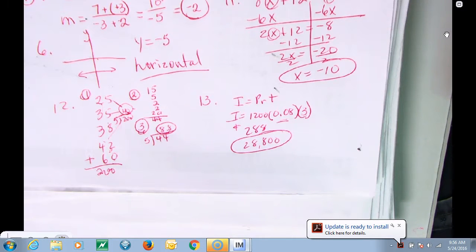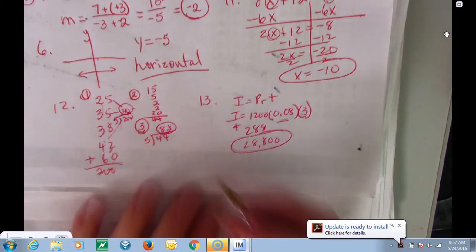Let me know where that bank is because I'm signing up. Guys, there's no way you're going to make $28,000 interest off of $1,200. I don't even know if you could leave it in there 100 years and make that much money. Guys, come on now. We got to use some common sense. Okay, 14.